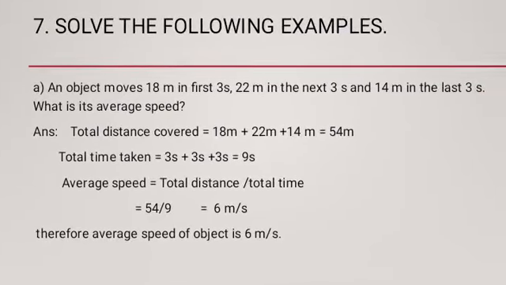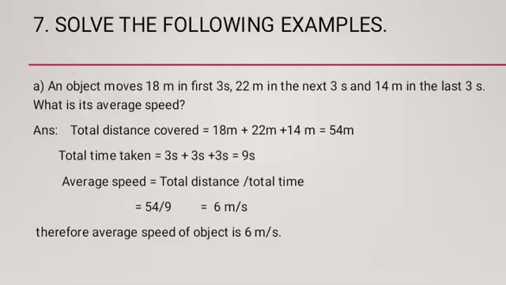The first question is, an object moves 18 meter in the first 3 seconds, 22 meter in the next 3 seconds, 14 meter in the last 3 seconds. What is its average speed? The formula for speed is distance upon time. For calculating average speed, first we calculate the total distance traveled and the total time taken.